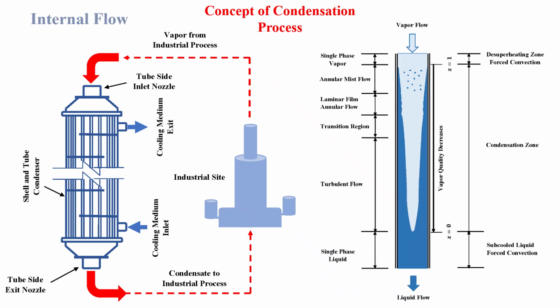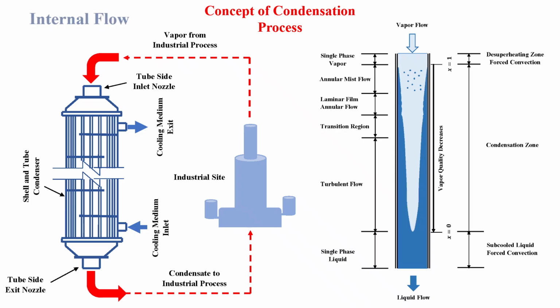And this process continues until we get a part of it to disperse in a drop form as shown. Then we will get a sort of misty flow, and finally, when all the vapor is condensed, where we reach X equal to 0, then the condensation process has finished.